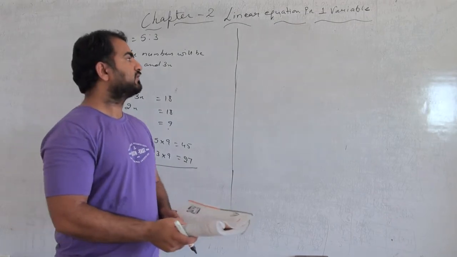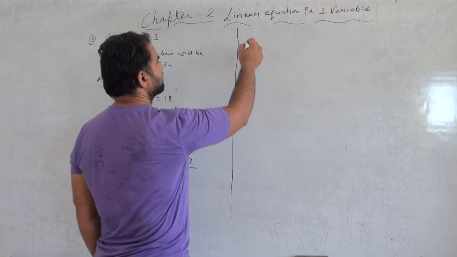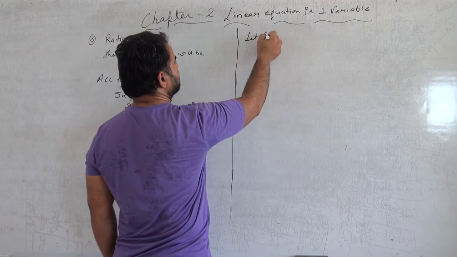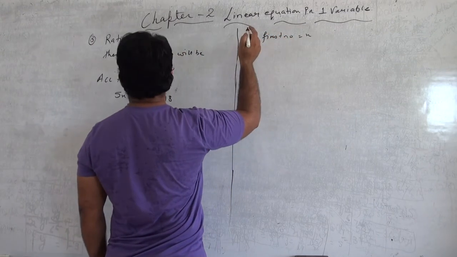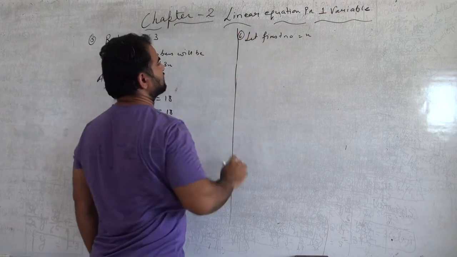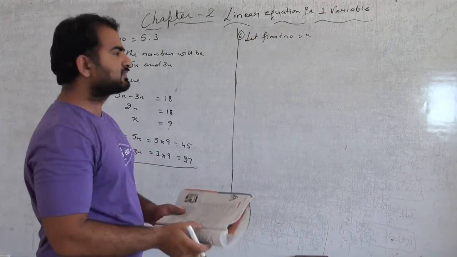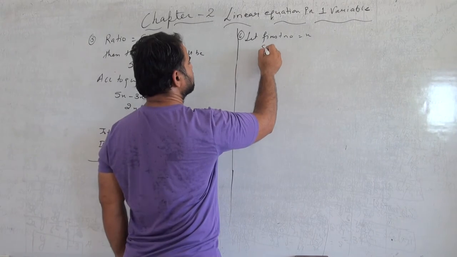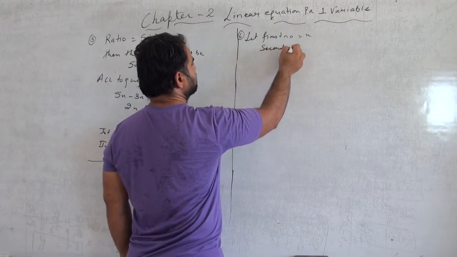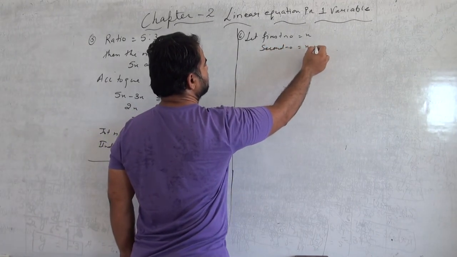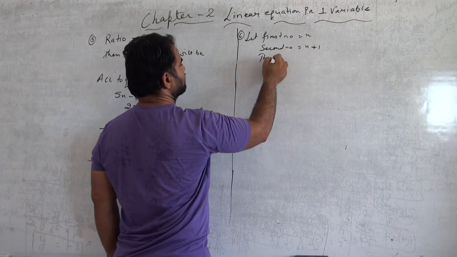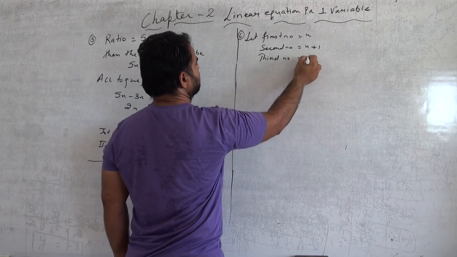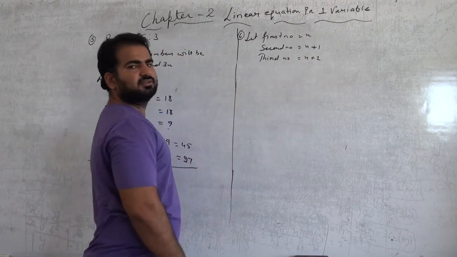So what we have to do is, let the first number equal x. This is question number 6. Let the first number equal x, then the second number x plus 1, and the third number x plus 2.